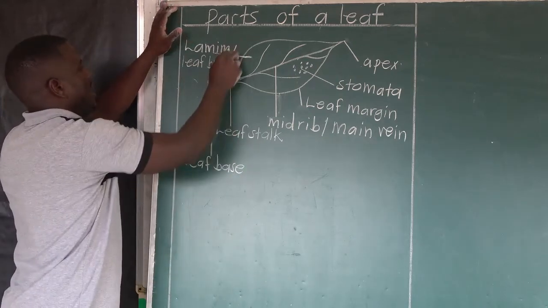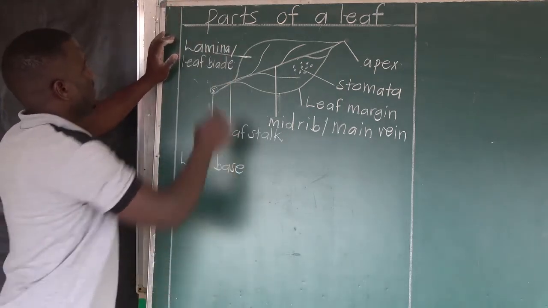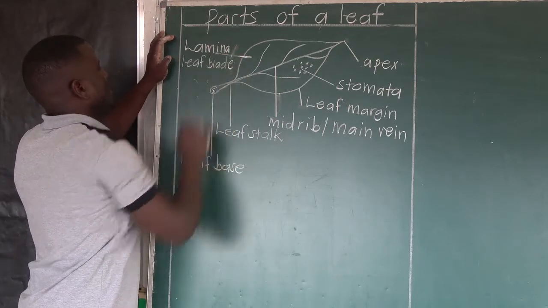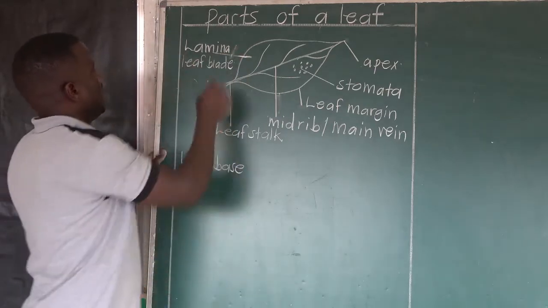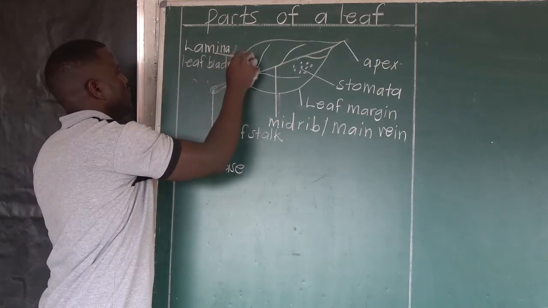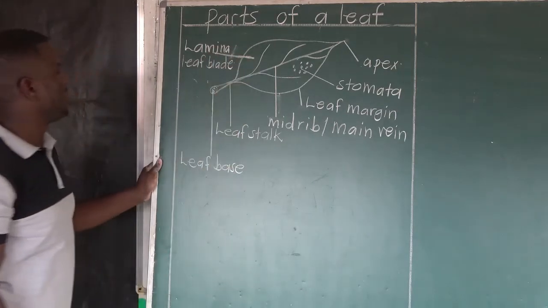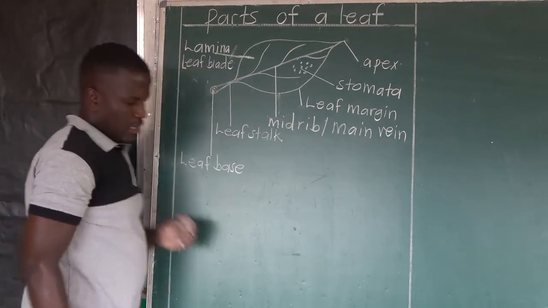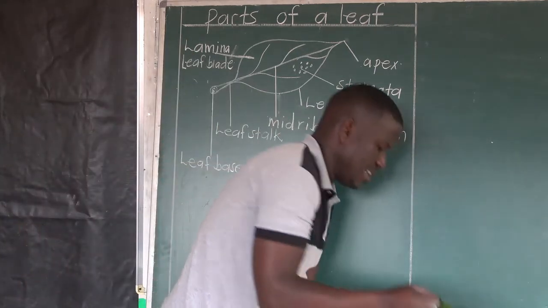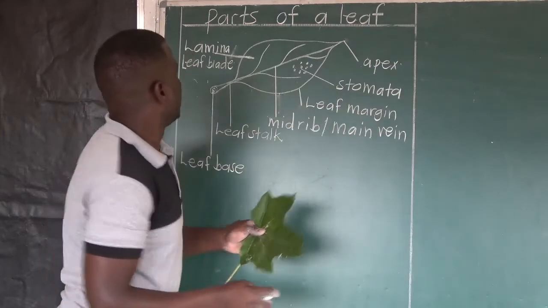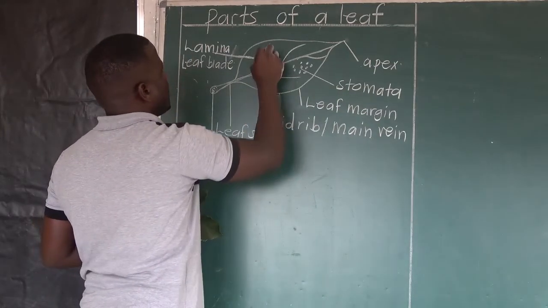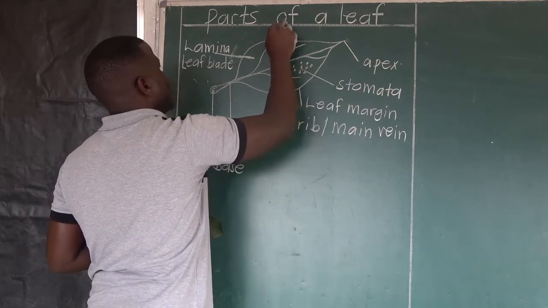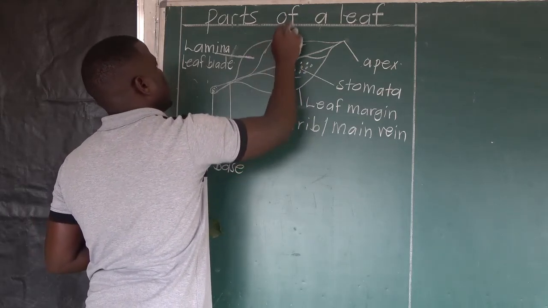Lamina is also known as leaf blade. Leaf blade is also known as lamina. Then we have this part called vein. These ones are called veins.